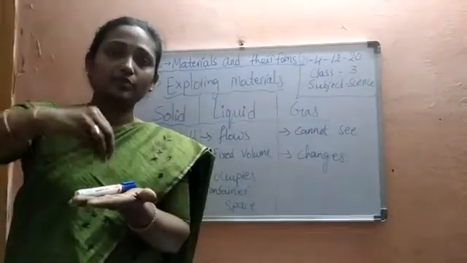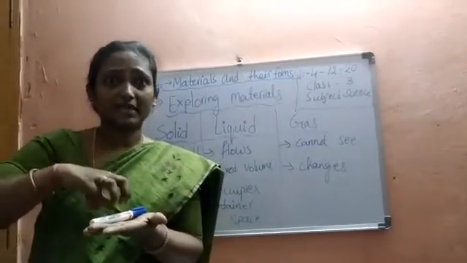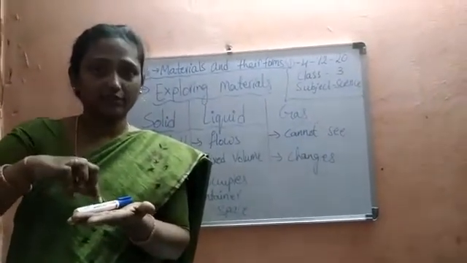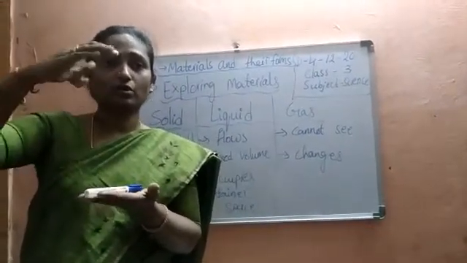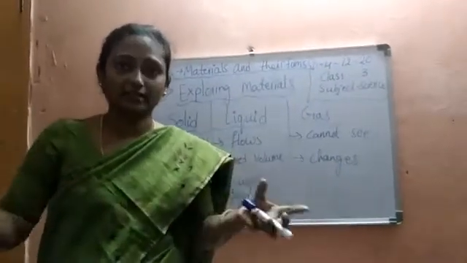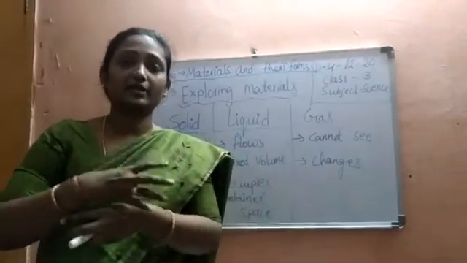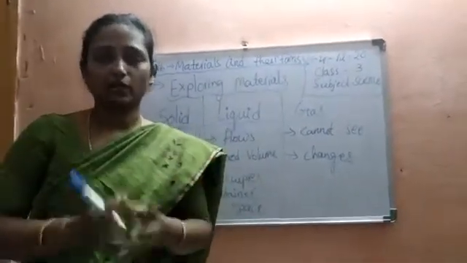But when you keep water, will the amount of space it occupies be fixed? It is not fixed. It flows. Whereas with gas, can you keep it in the box? No, it spreads. The material spreads all over the space around it.